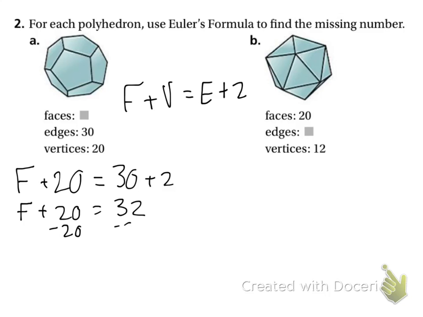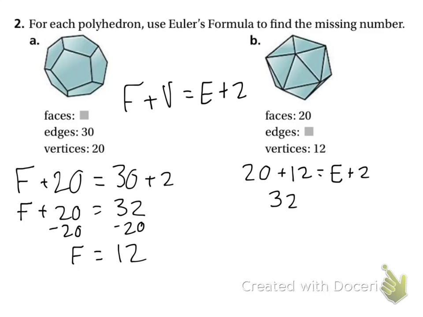And if I subtract 20 from both sides, I get that F is equal to 12. So there are 12 faces on that shape. Over here I know the number of faces and I know my number of vertices, but I don't know the number of edges. 32 is equal to E plus 2. And I get 30 edges.